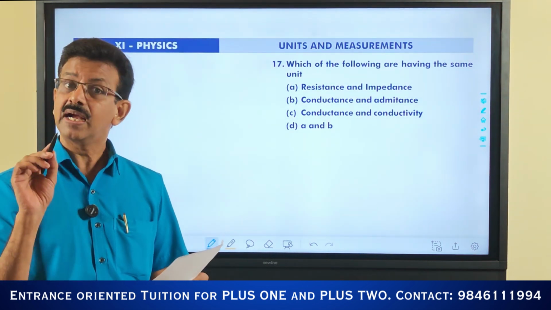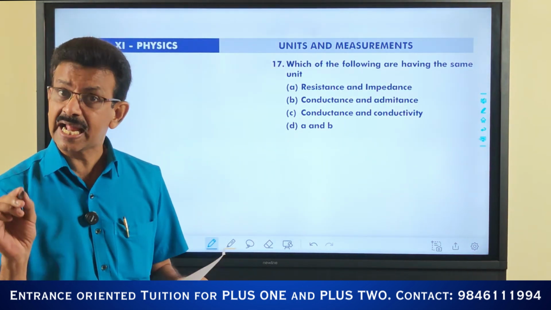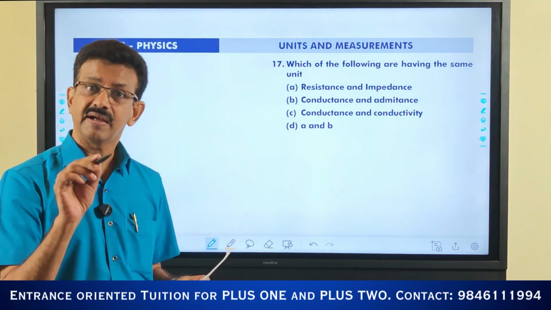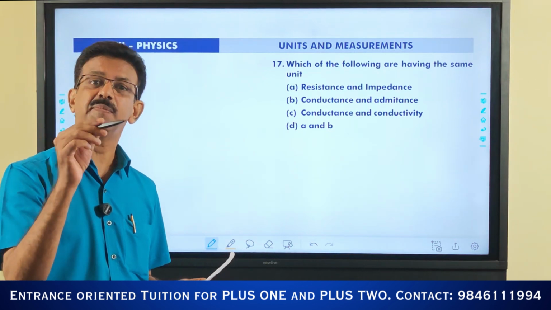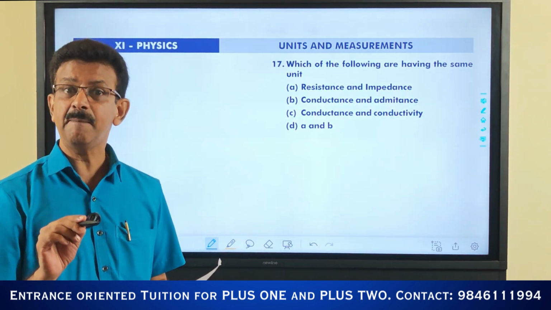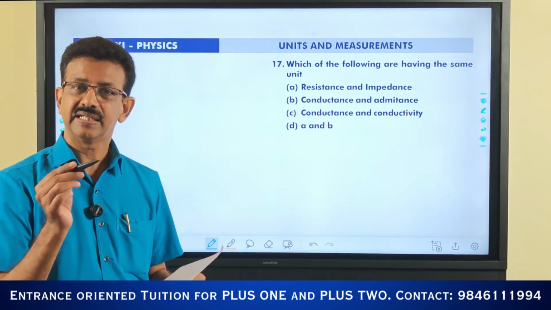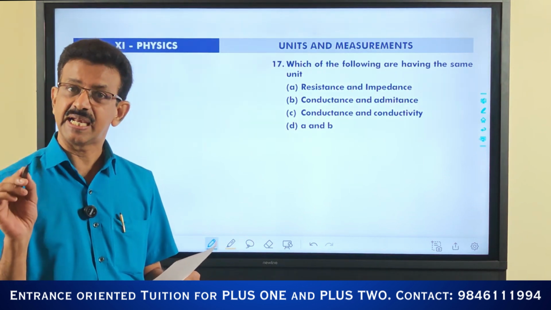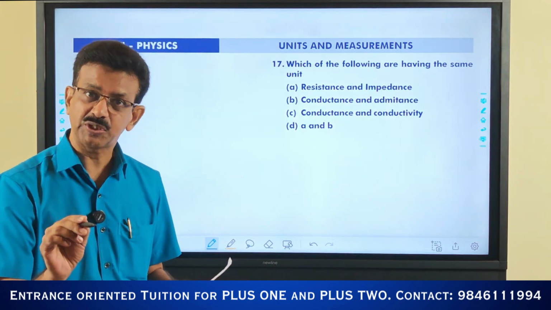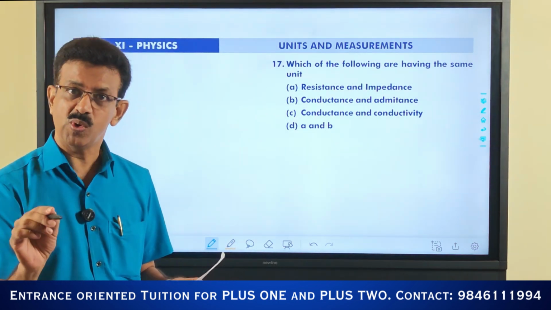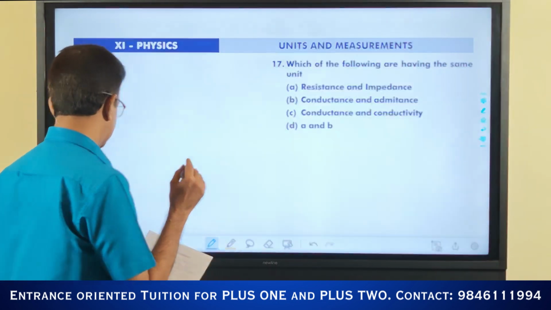Second choice is conductance and admittance. 1 by resistance gives conductance. Similarly, the reciprocal of impedance, 1 by impedance, gives admittance. Therefore, conductance and admittance have the same unit, ohm raised to minus 1, or mho, or Siemens.